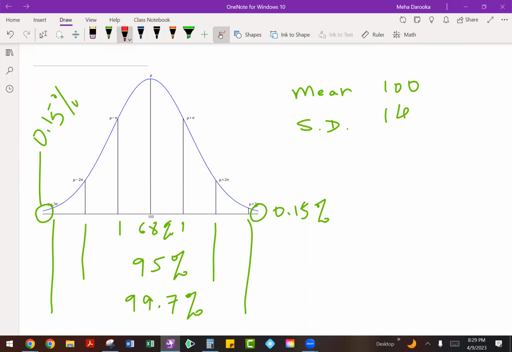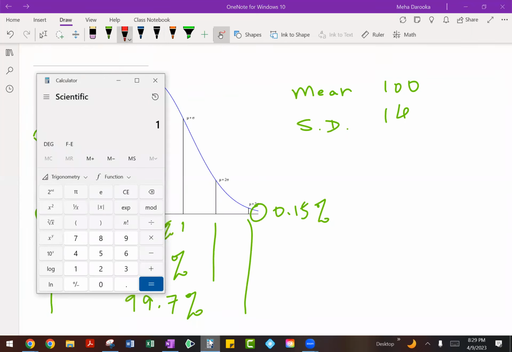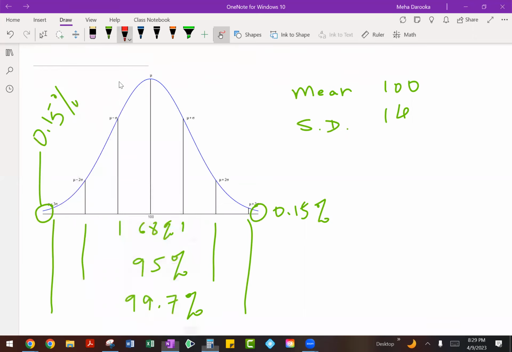Now let's do this. We will take 100, which is our mean, and we're going to subtract our standard deviation of 14 from it. And you can see this comes out to be 86. This number is smaller than 100, so of course, that's going to be below the mean. So you're going to put 86 over here.